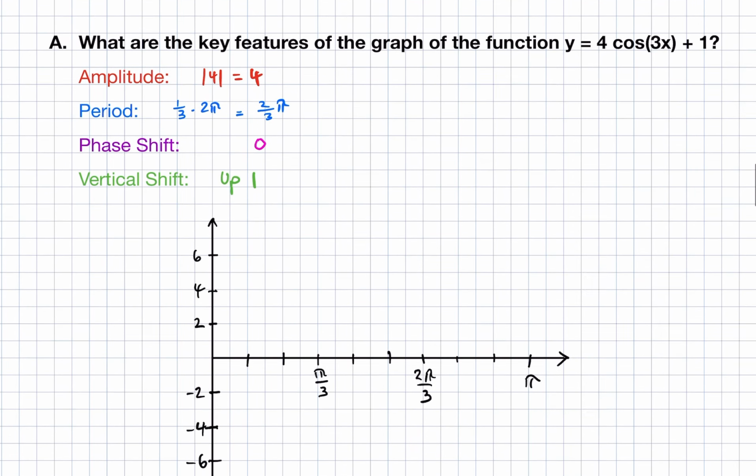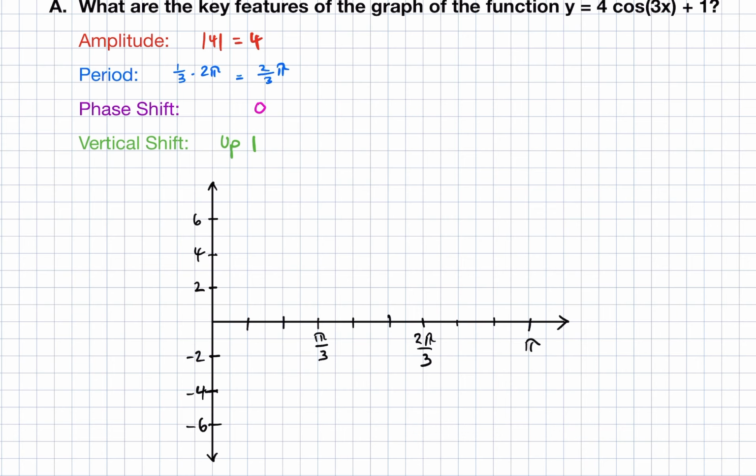Okay, so let's go ahead and graph this. So what I always do is graph the function before any of the shifting takes place. Okay, that's what I call the root function. And in this case, our root function is going to be y equals 4 cosine 3x.